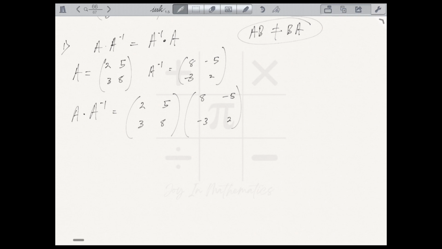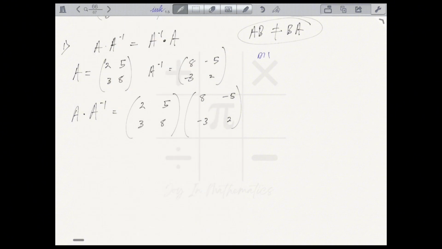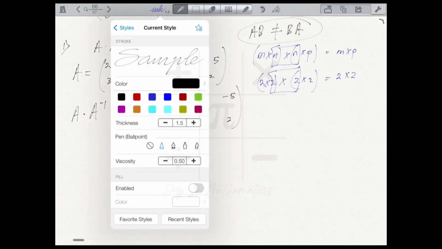Remember the way we multiply matrices: m by n multiplied by n by p is equal to m by p. Now we are using 2 by 2 multiplied by 2 by 2, and the result will be a 2 by 2 matrix.